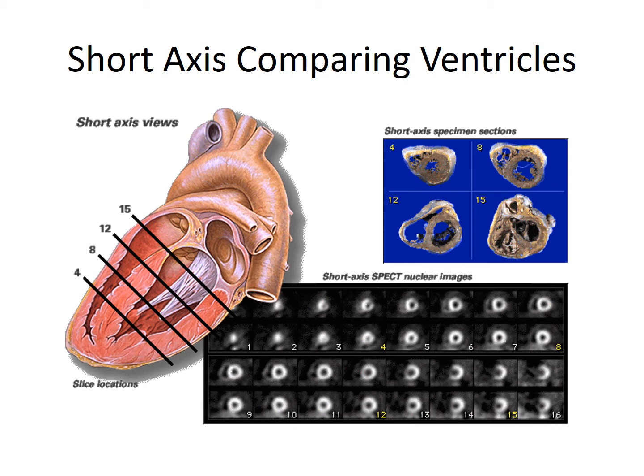Now looking at the cadaver heart in the upper right there, if you notice the thick-walled donut shape in image 12, that is going to be the left ventricle. Whereas that thinner wall that kind of wraps around the left ventricle, that is the wall of the right ventricle.